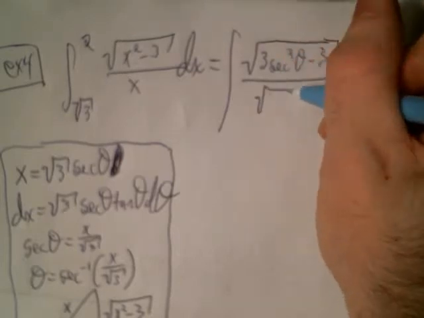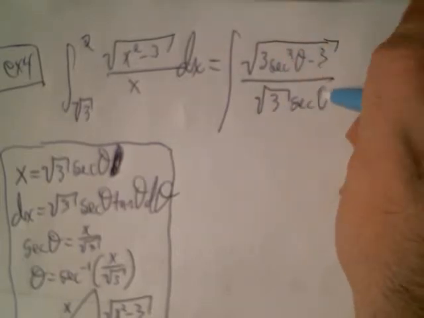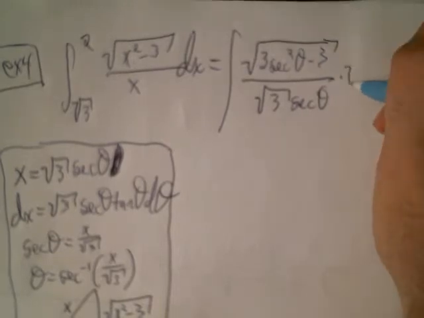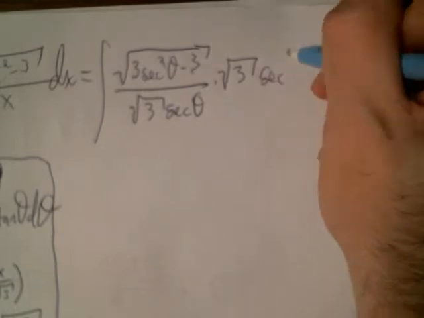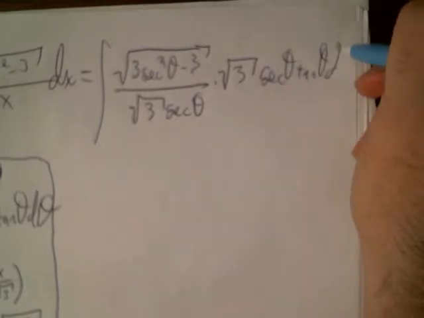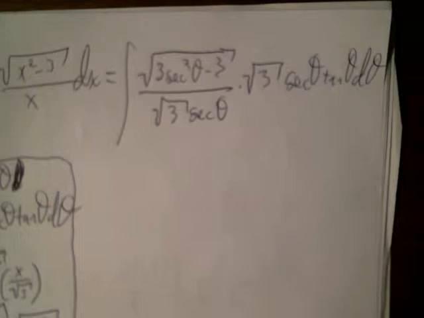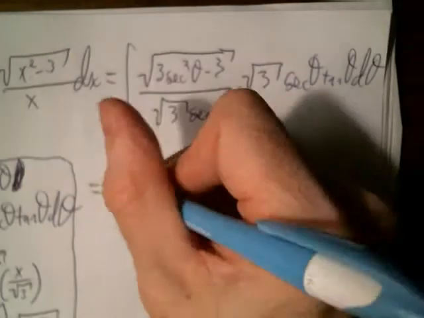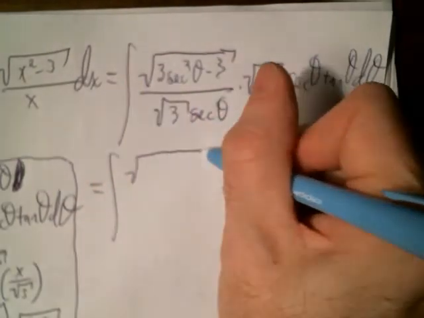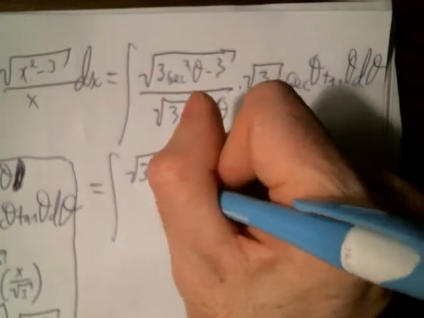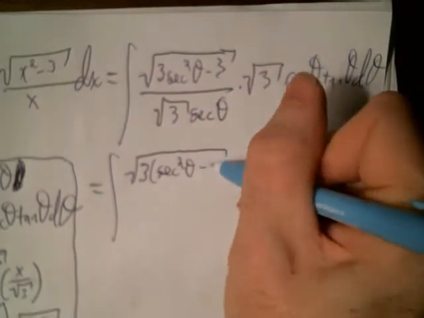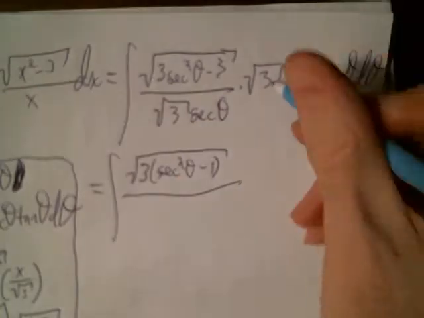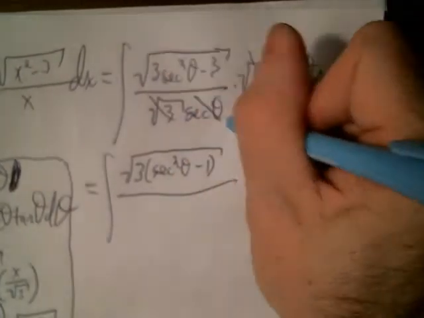Down below, x is, again, root 3 secant theta, and then times dx, which is root 3 secant theta tan theta d theta. Okay, do some cancellations. Up top, I'll have 3 times secant squared theta minus 1. Down below, these guys are going to cancel, so I guess we just have 1 down there, and then times tan theta d theta.